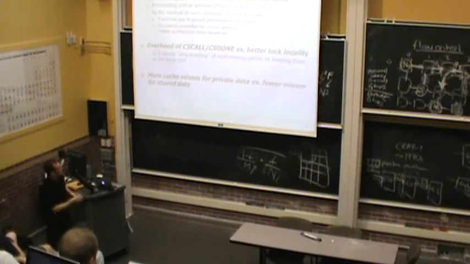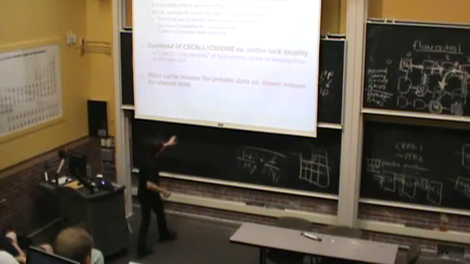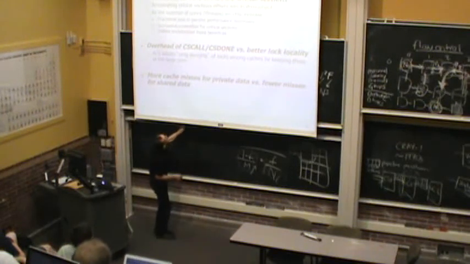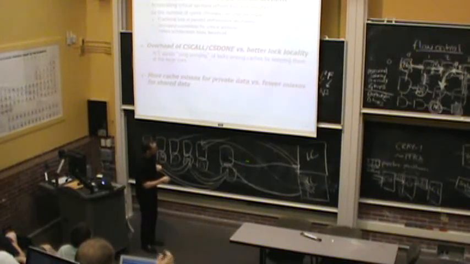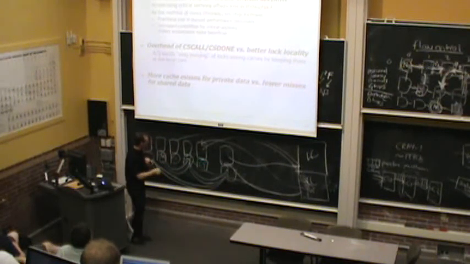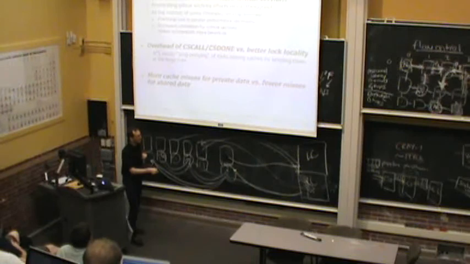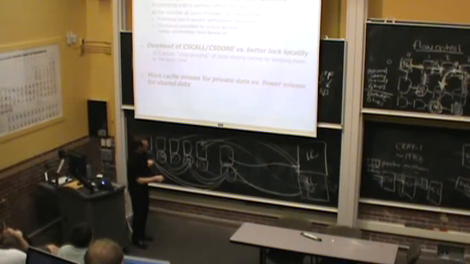The other trade-off is, well, we covered this briefly. Now we've converted this ping-ponging of locks and shared data to locks and shared data that do not ping-pong. Instead, to acquire a lock, you send a message, right?